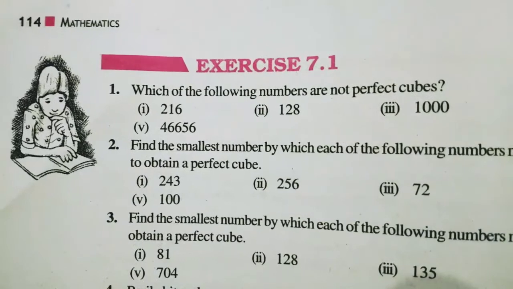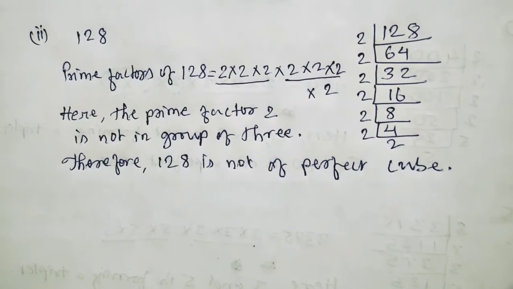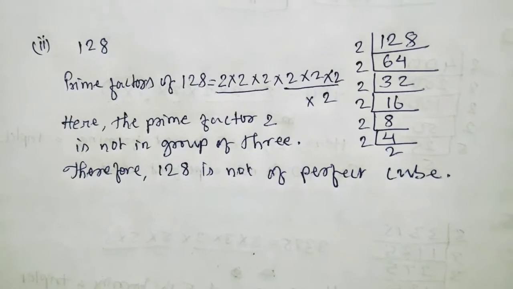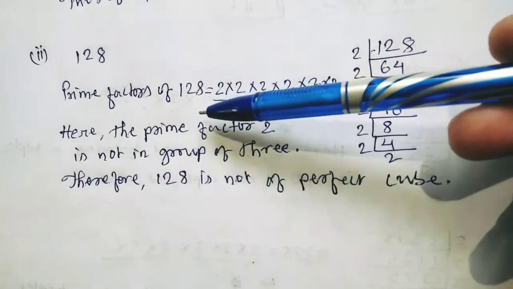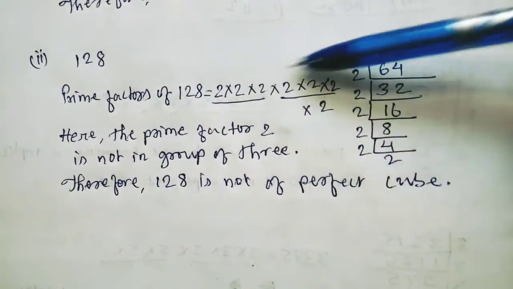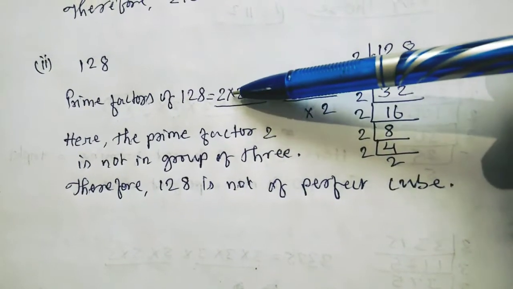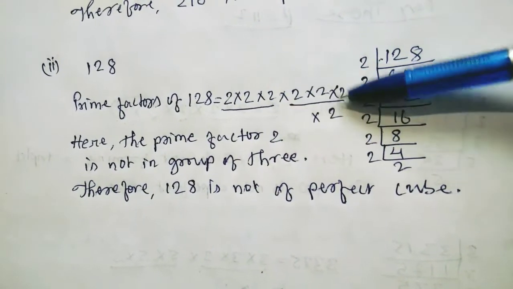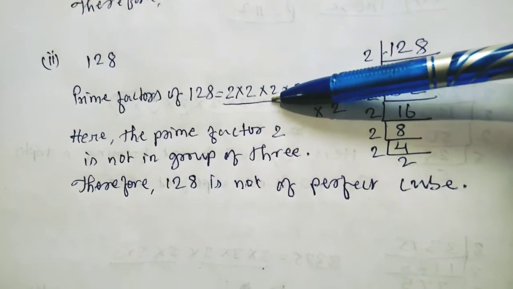Now all of you see here question number 2 of 128. First of all you have to factorize it by the prime factorization method. Then you have to write the prime factors of 128. How many 2's are there? 1, 2, 3, 4, 5, 6, 7. So you have to write 7 times 2. Now make the grouping of 3. These 2's are in a group of 3.